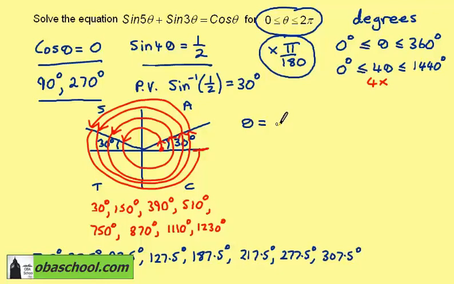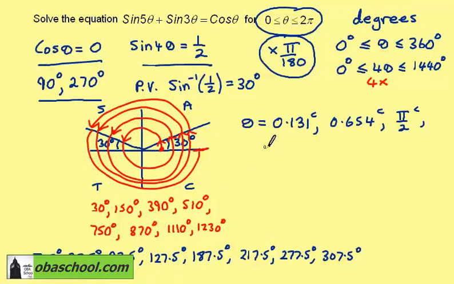So 7.5 times π divided by 180 is 0.13. 37.5 times π over 180 is 0.654. The next solution is the 90 degrees here. We can give this as an exact multiple of π. You should know 90 degrees is π/2 radians.